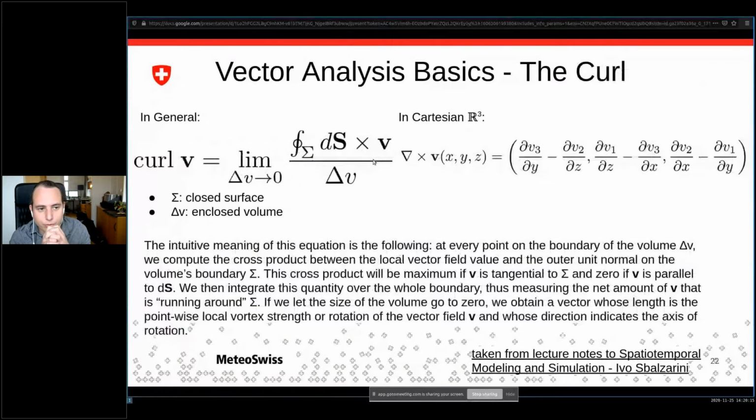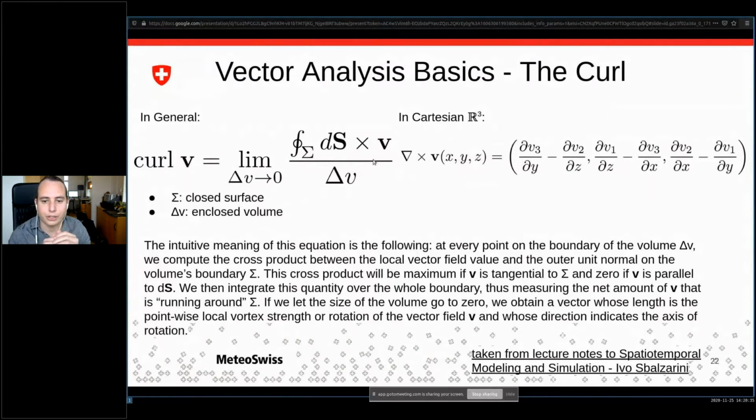And finally, for the last quantity, for the curl, we again have a vector field, and we expect a vector in return. But at this time, we are not taking the dot product with the unit outside normal. We are taking the cross product.